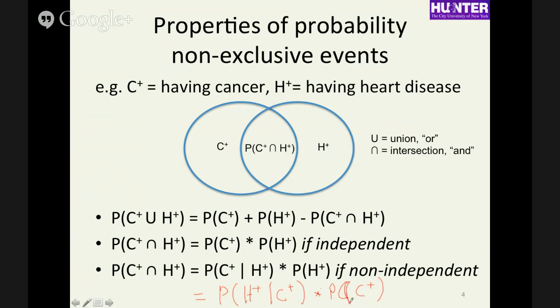So when you say it out in English, it makes sense, right? Your probability of having heart disease and cancer would be like your probability of heart disease given that you have cancer times the probability of having cancer. Or the other way, your probability of having cancer given that you have heart disease times your probability of having heart disease.